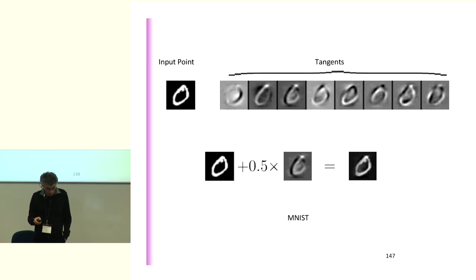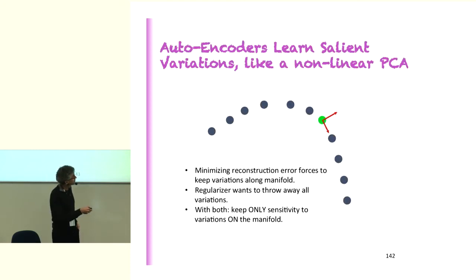So one thing we've learned by thinking about this geometrically is that these representations that we learn, if we look at their derivatives with respect to the input, that tells us what kind of variation in input our representation is sensitive to. If we come back to this thing, this arrow here is the direction to which my representation is sensitive, and it happens to be a tangent to the manifold.